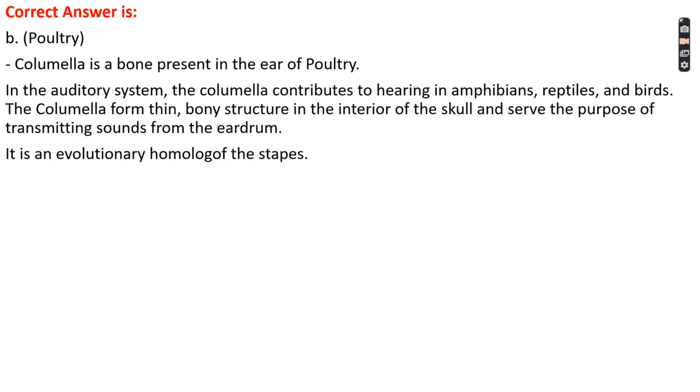In the auditory system, the columella contributes to hearing in amphibians, reptiles, and birds. It is a small, thin bony structure in the interior of the skull that serves the purpose of transmitting sound from the eardrum, and it is an evolutionary homologue of the stapes bone.